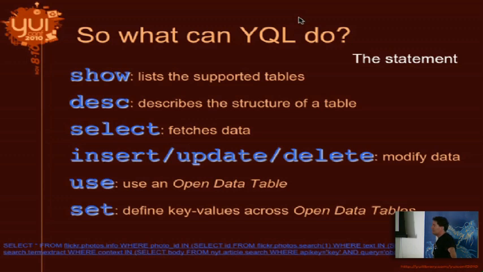There is the power of select to fetch the data. There are also these additional verbs which you would expect to have in a SQL-like language, which is insert, update, delete, to modify data. And then there are these additional keywords to use a specific table definition that you work with, and the set define key values across open data tables.